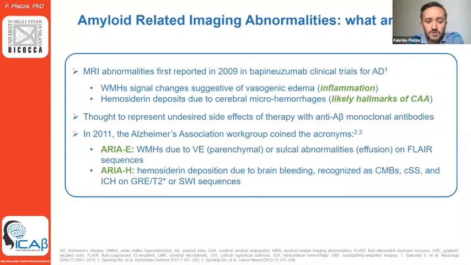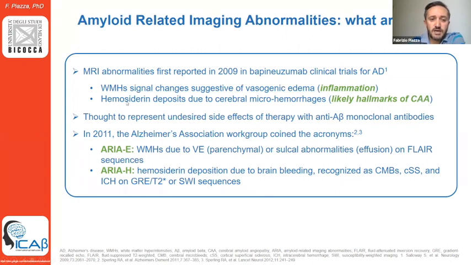ARIA was represented by white matter hyperintensities, which are signal changes suggestive of vasogenic edema, so likely related to an inflammatory reaction in the brain after exposure to this drug.